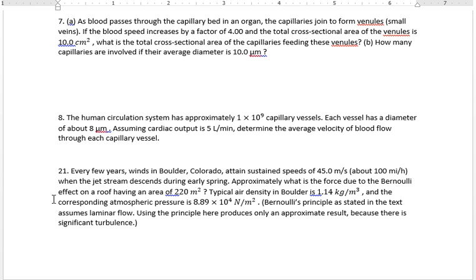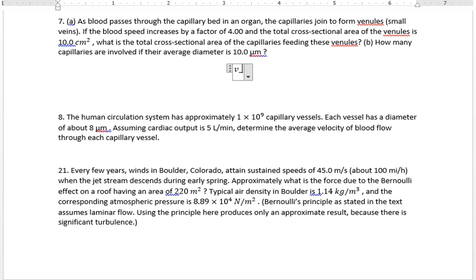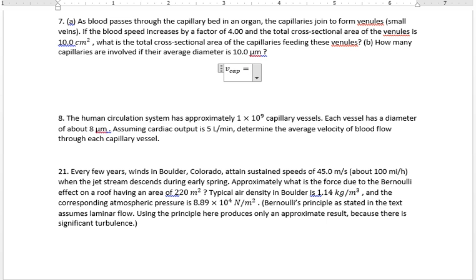All right, so what we have is V in the capillaries. I'm going to back up. 4 times V in the capillaries is the velocity in the venules, because it says right here, blood speed increases by a factor of 4, so the velocity in the venules is 4 times the velocity in the capillaries.